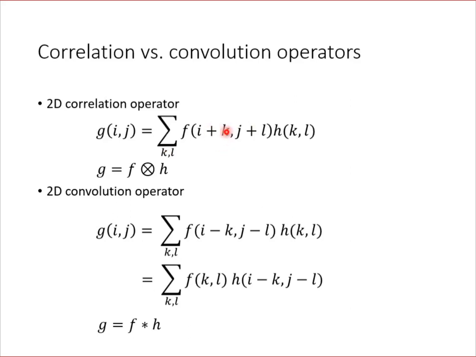Then you use positive k or negative k. So if k is -1, in correlation you find the left pixel. But in convolution, if k is -1, you use the right pixel.